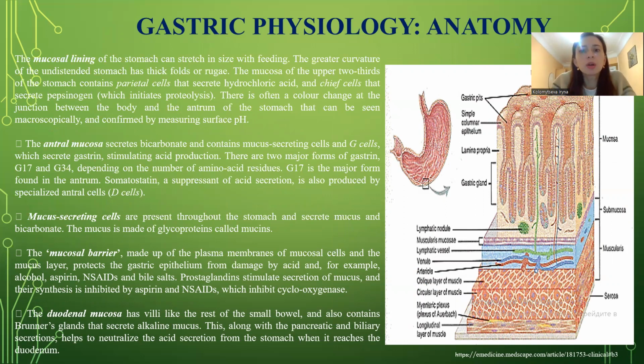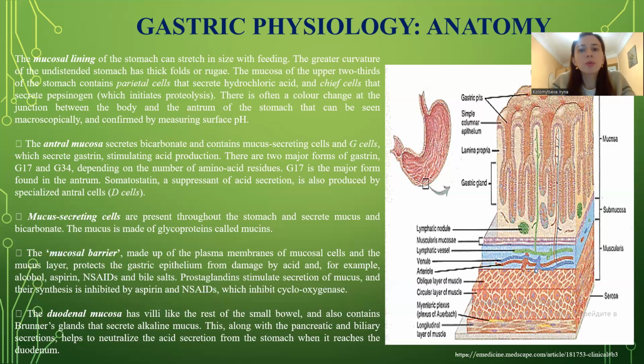There is often a color change at the junction between the body and the antrum of the stomach that can be seen macroscopically and confirmed by measuring surface pH.